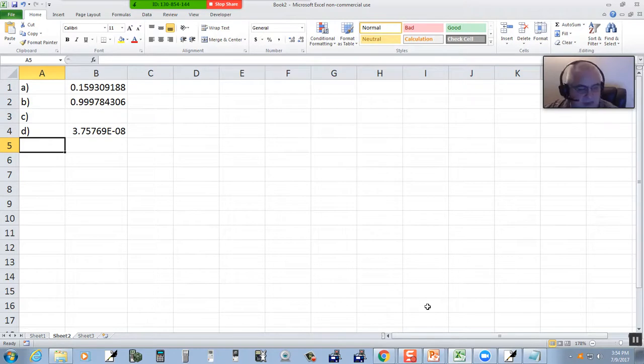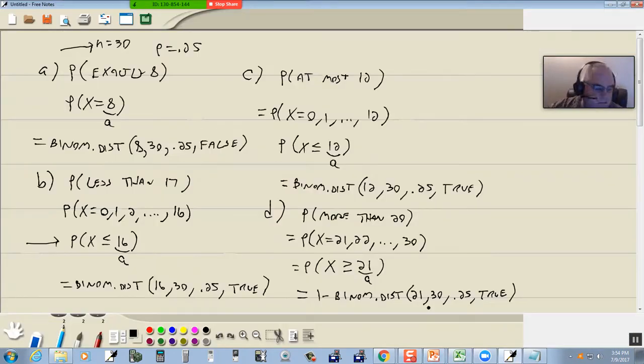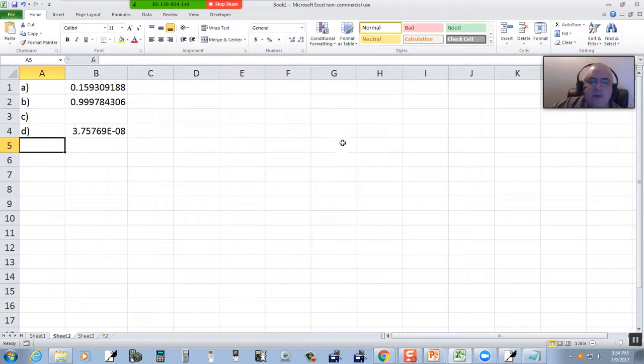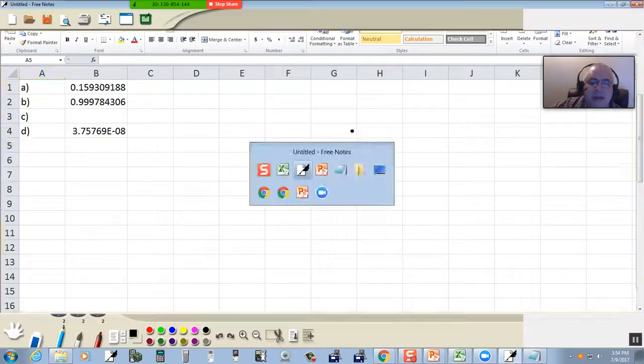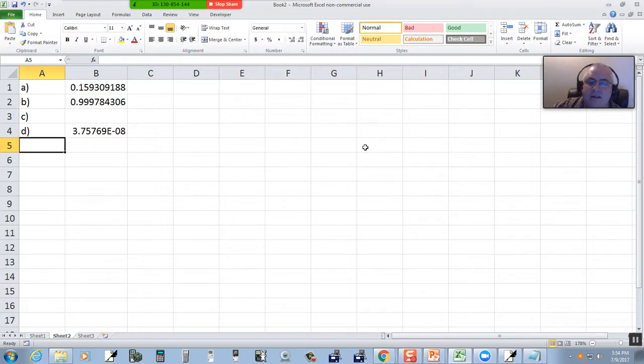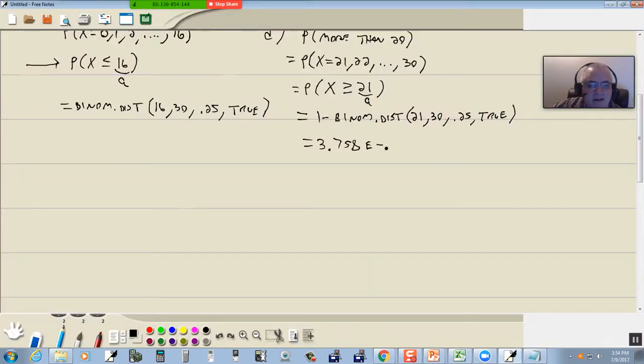And realize this is not your probability. A lot of people have trouble interpreting the results on this. This is 3.758 E negative 08, or I forget what it is. But what this means is this is scientific notation.